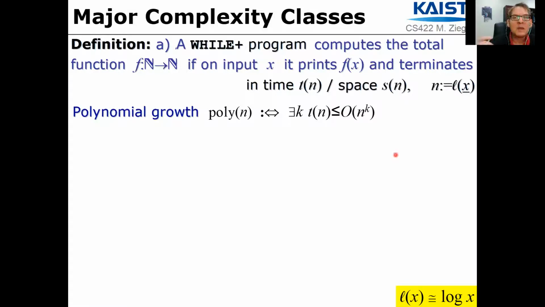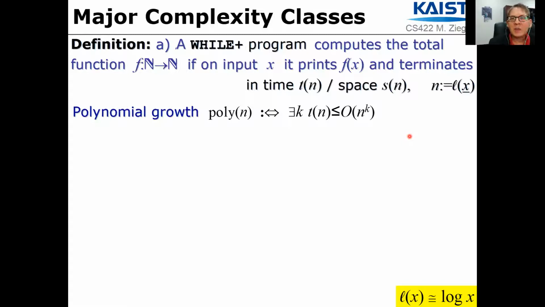Polynomial growth meaning growing at most like a polynomial, some arbitrary but fixed polynomial. And what really matters about the polynomial is the degree of the polynomial. And the reason this polynomial growth is considered, and not, let's say, linear or quadratic or cubic, is because polynomial growth is closed under composition.